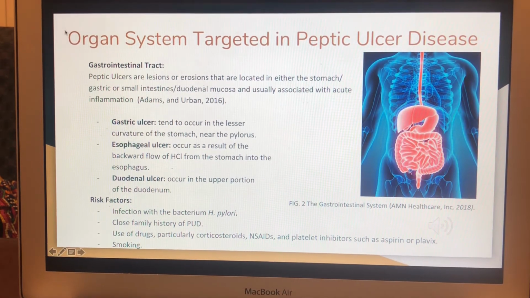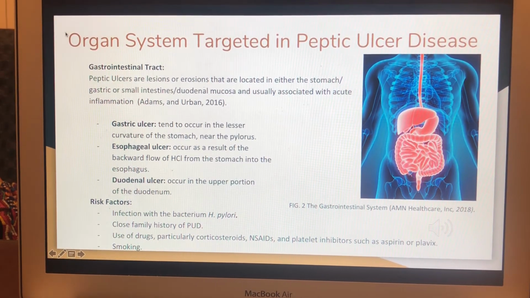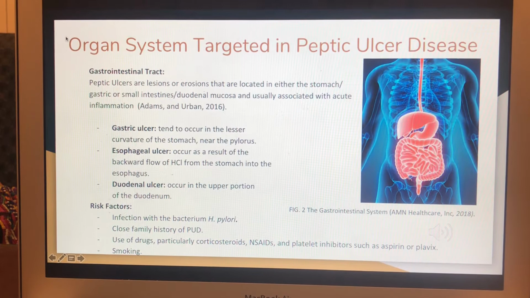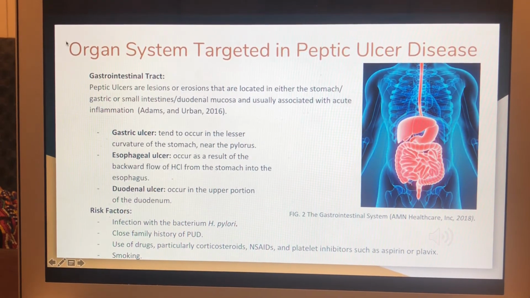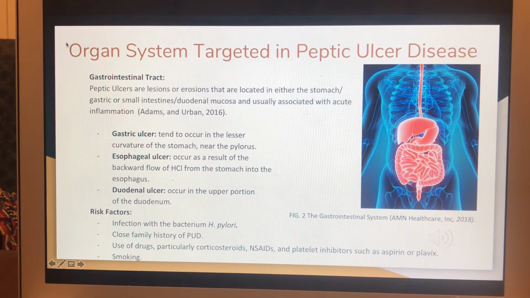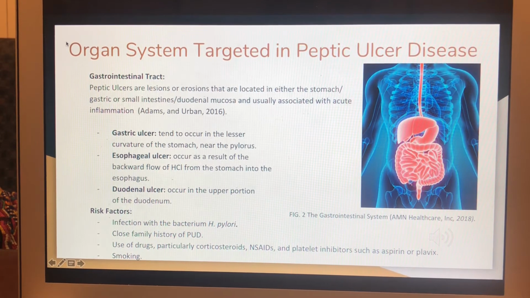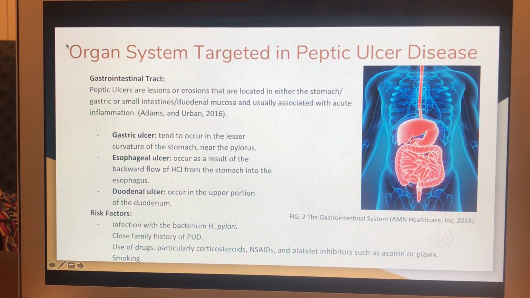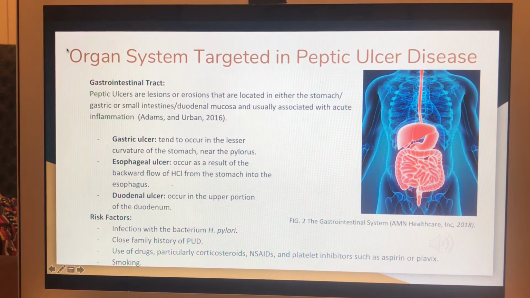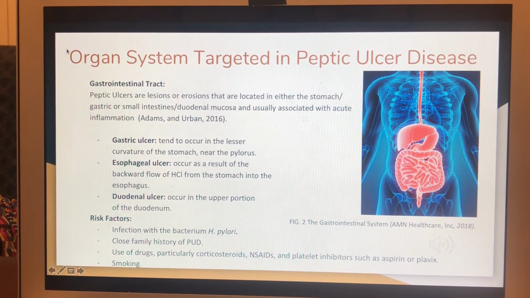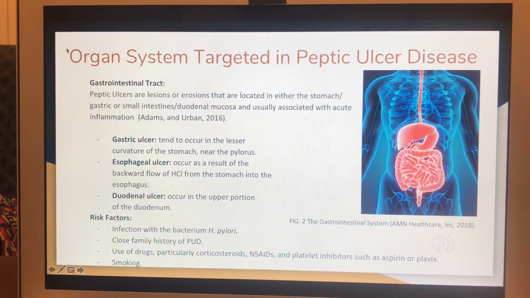These layers are responsible for maintaining the mucosal integrity of the tract. There are three main functions of the gastrointestinal tract, including transportation, digestion, and absorption of food. Components of the gastrointestinal system include the mouth, esophagus, stomach, small intestine, and large intestine.